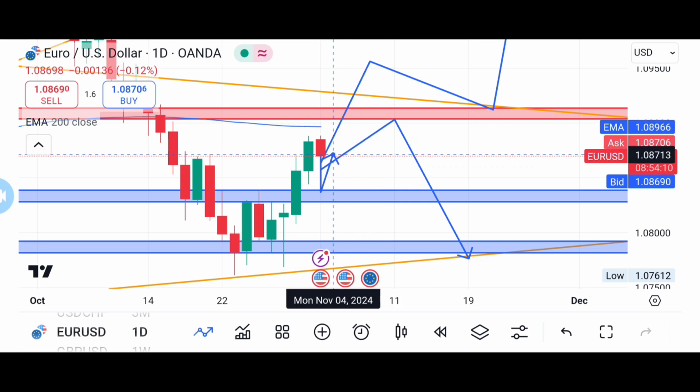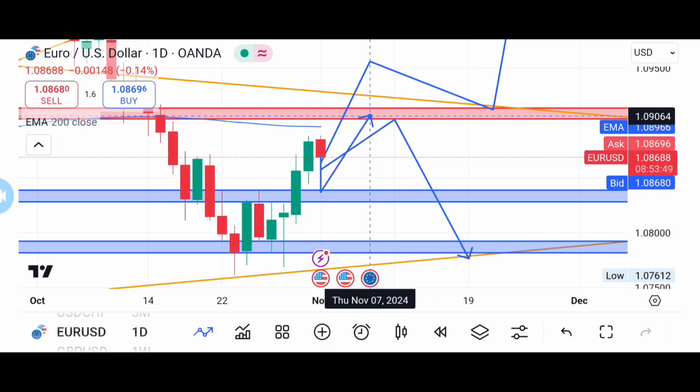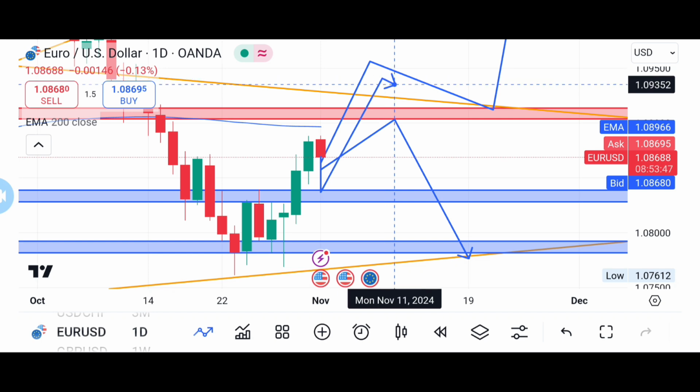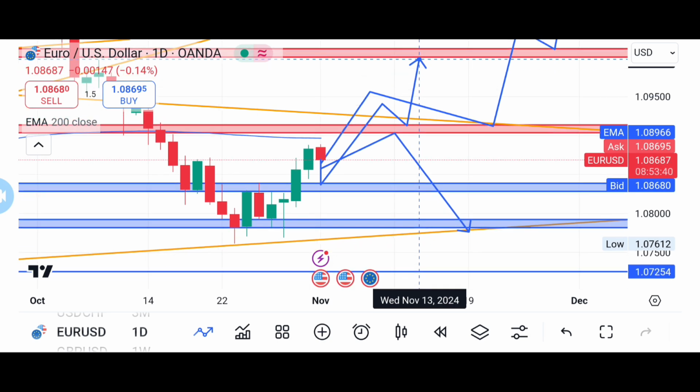So if we shall see something like that, we shall enter for buy here at that zone, and then our TP1 will be at this level. And if the buyers continue to break this zone, we shall continue to hold that trade or re-enter again to TP2 up to there.